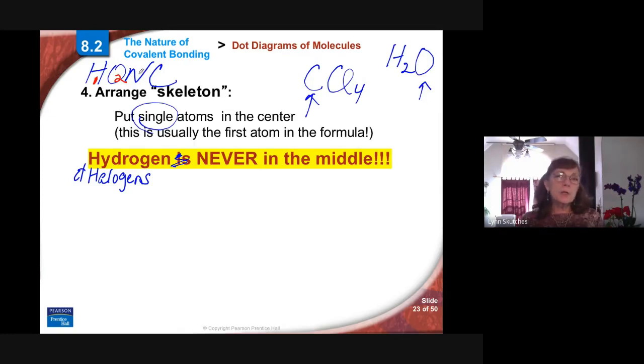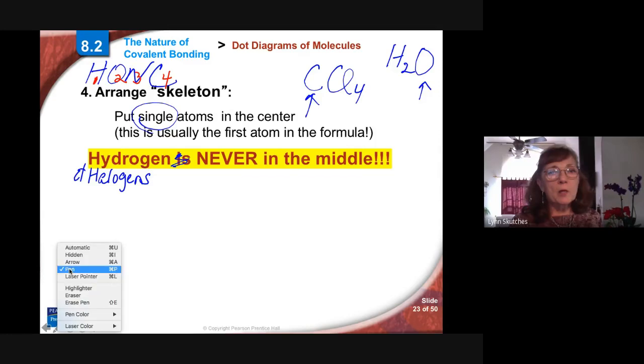Nitrogen has 5 valence electrons, 3 unpaired, and can bond 3 times. Carbon has 4 valence electrons and can bond 4 times. So just remember how many: 1, 2, 3, 4. That's nice and easy in a row, and it's a silly kind of pseudo word. So maybe that helps you remember how many.